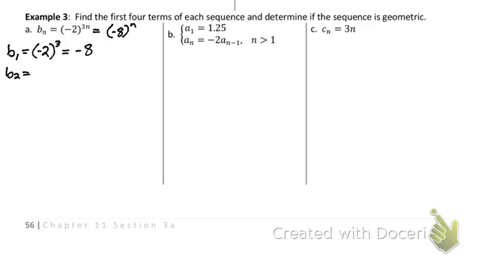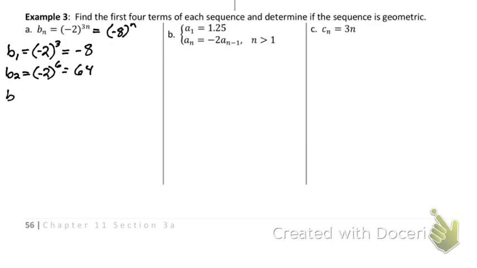My second term would be negative 2 to the 3 times 2, which would be to the 6th, which is going to equal a positive 64. Which follows this. I'm multiplying by a negative 8.